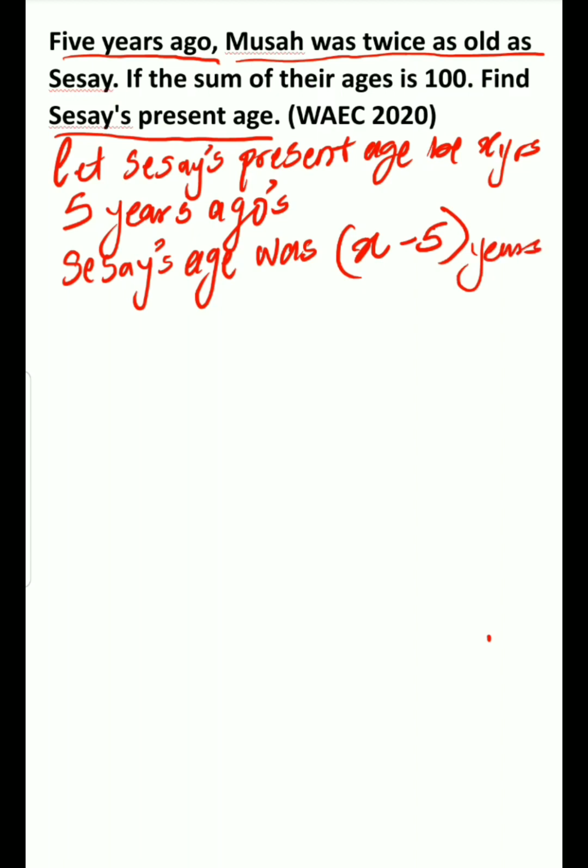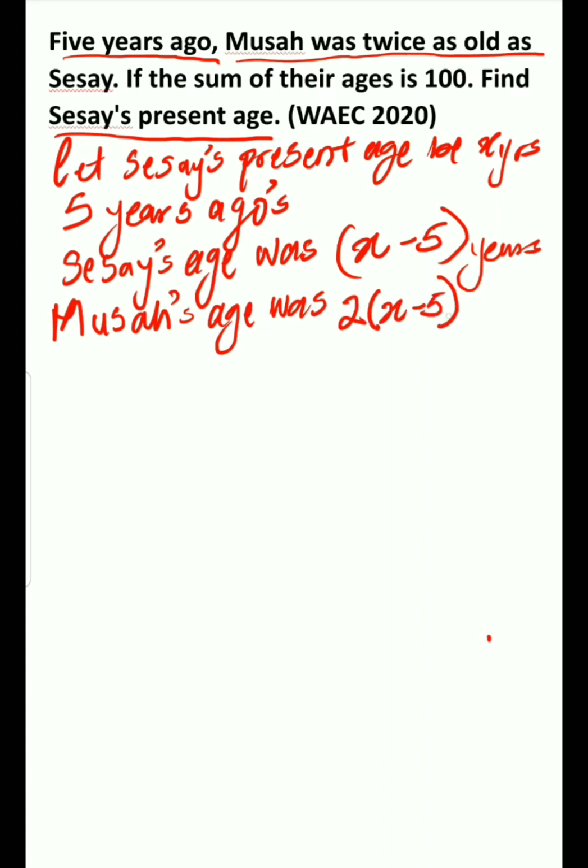And so back to the question. 5 years ago, Musa was twice as old. That means 5 years ago, Musa's age was twice that of Sise's age 5 years ago.